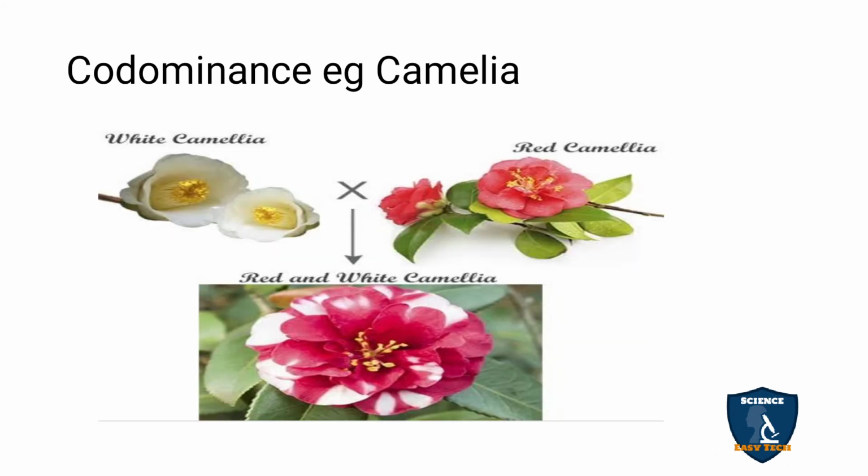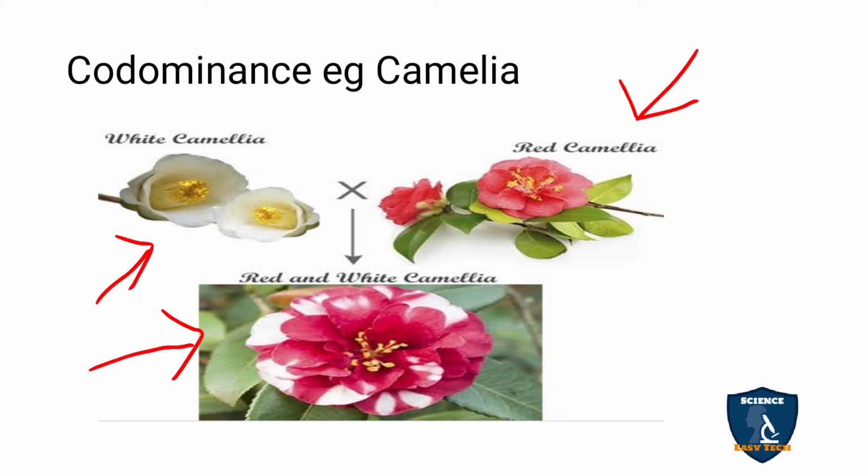So Camellia is an example for codominance. This one is not in your book, but I am giving it. Please follow the explanation. White camellia is crossed with red camellia. In F1, both the colors are seen.